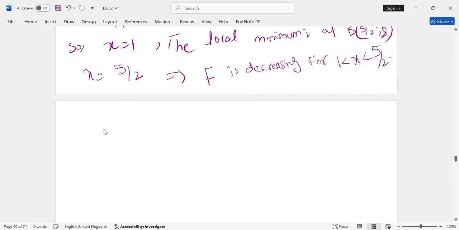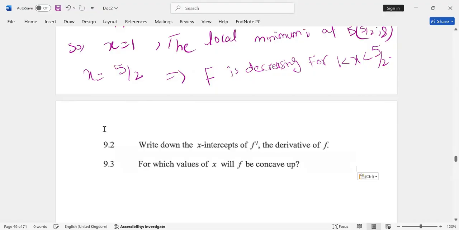The next is 9.2. Write down the x-intercepts of f prime, the derivative of f. The x-intercepts of the derivative f prime of x are the values of x where f prime of x equals 0.